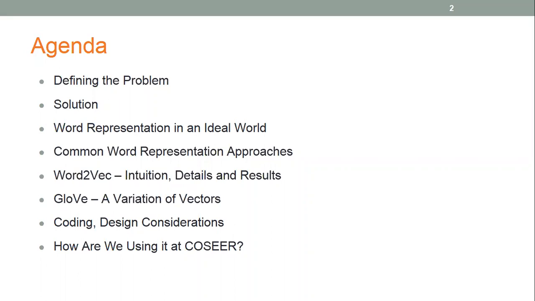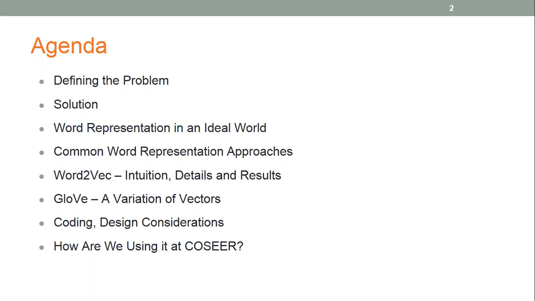Following that, with Word2Vec, we will go into detail about the intuition behind Word2Vec, how it was implemented, and what the results were. Then we will follow that up with GloVe, which is another kind of vector representation of words. In the later part, we will cover how word vectors can be coded practically. A spoiler alert here is that it is very easy to code word vectors.